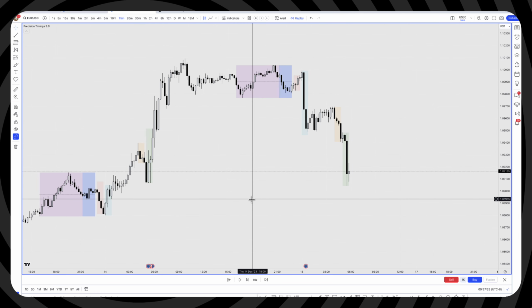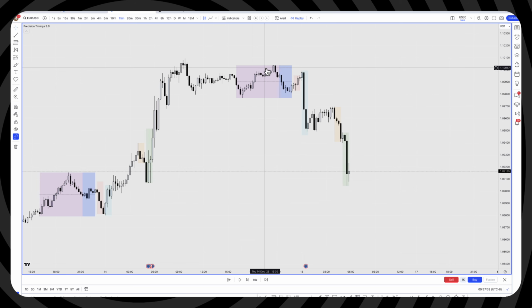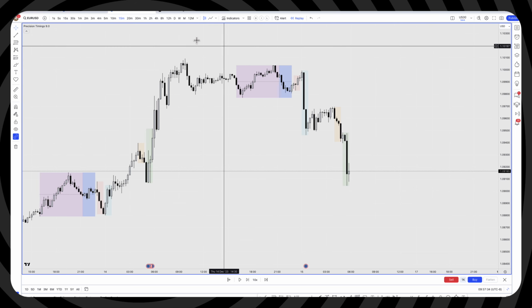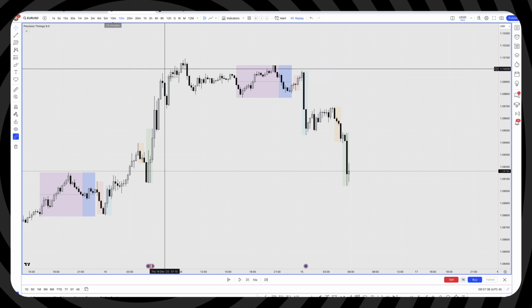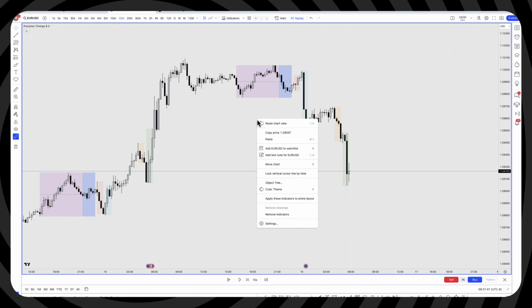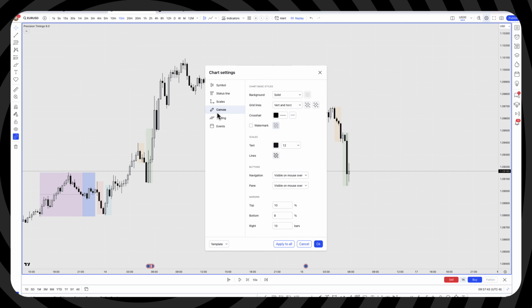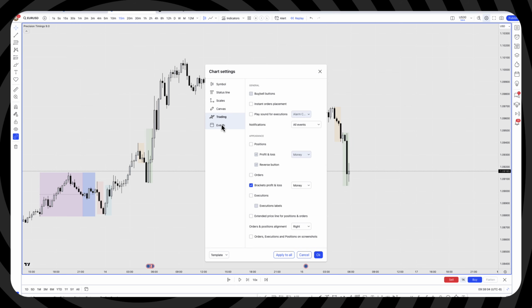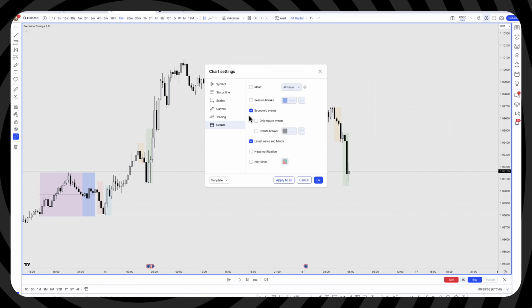Now, I'm going to explain exactly what every colored box is and give a brief overview of how I use it. First, I'm going to turn on session breaks.